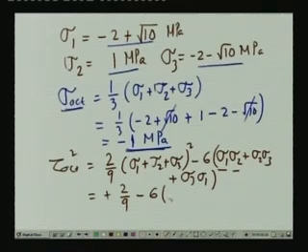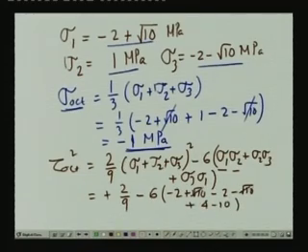6 times sigma 1 sigma 2, which is minus 2 plus root 10 times 1, sigma 2 sigma 3 is 1 times minus 2 minus root 10, and sigma 1 sigma 3 is equals to plus 4 minus 10.